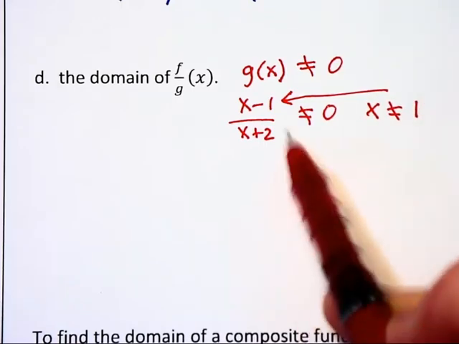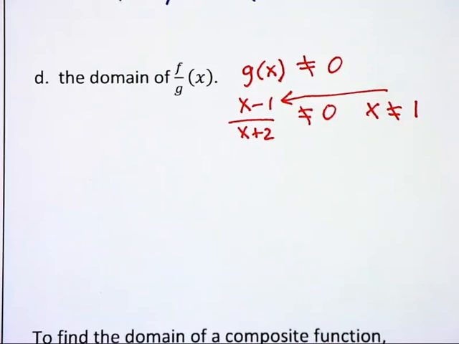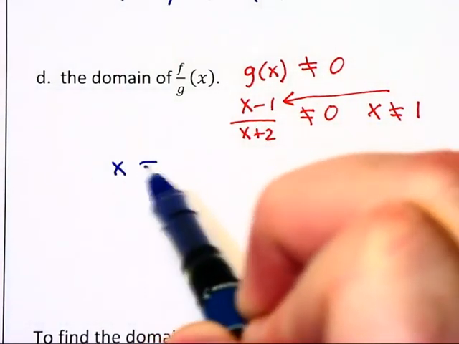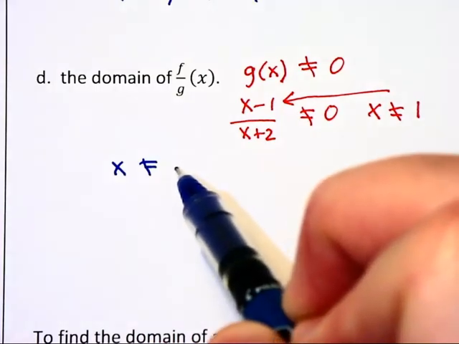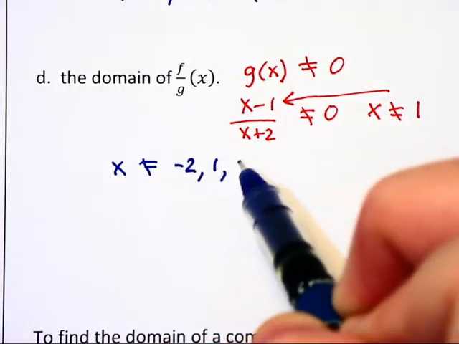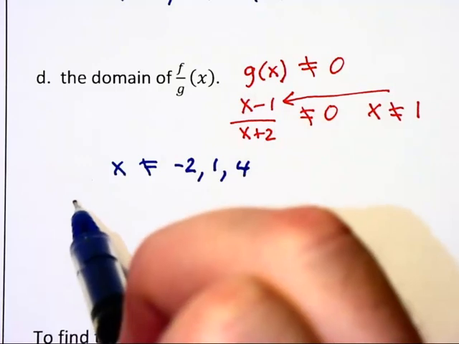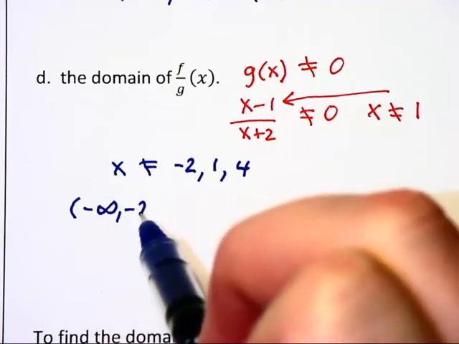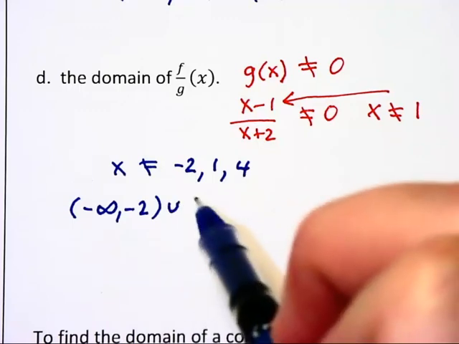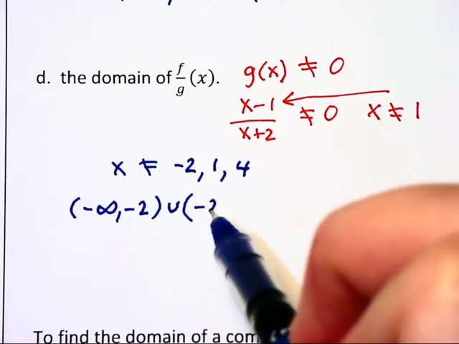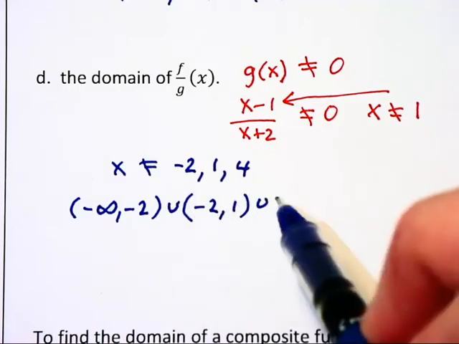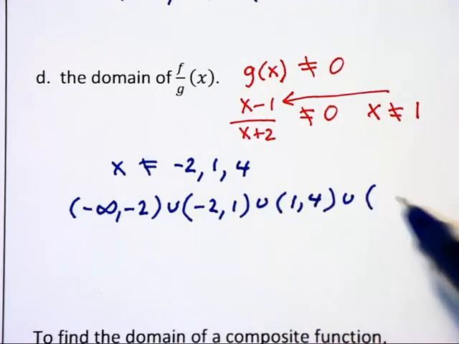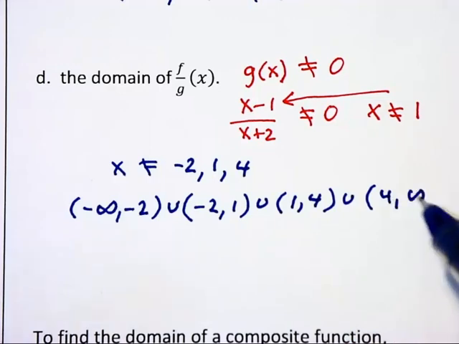Now we'll talk about the denominator here in a second, but what we have is now x cannot equal negative 2, 1, or 4, which means our domain of the quotient will be negative infinity to negative 2 united with negative 2 to 1 united with 1 to 4 united with finally from 4 to infinity.